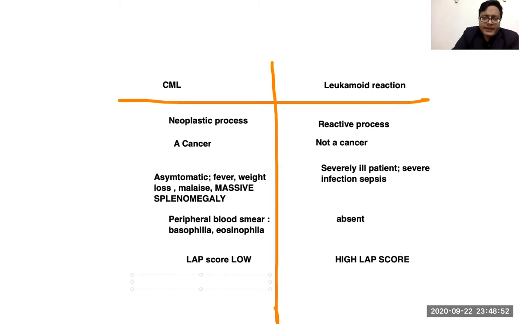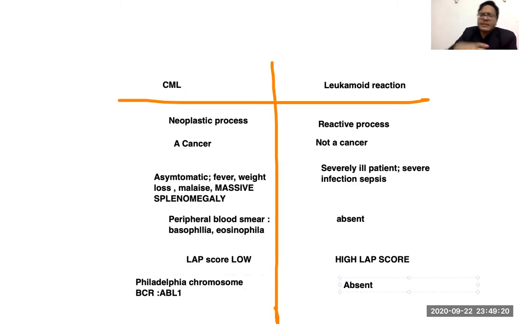And obviously, the differentiating feature in CML would be cytogenetics. You can have the Philadelphia chromosome, the BCR-ABL1 fusion gene, which would be absent in the leukemoid reaction. So these are the basic differences in a nutshell between CML and leukemoid reaction.